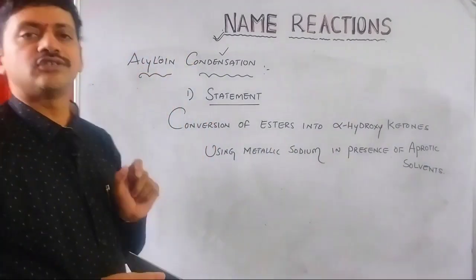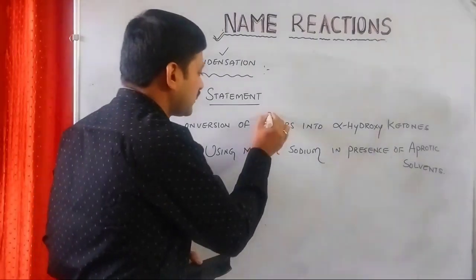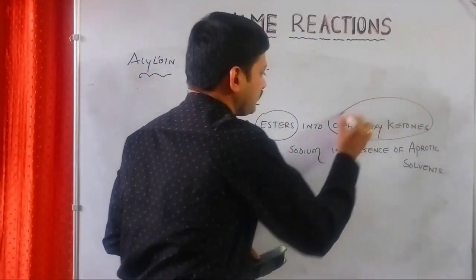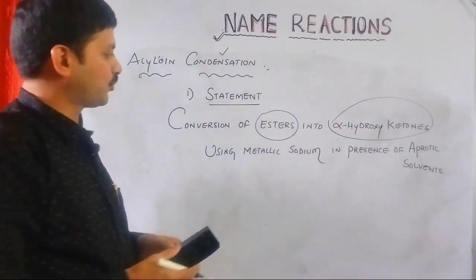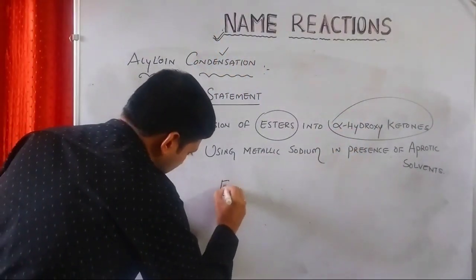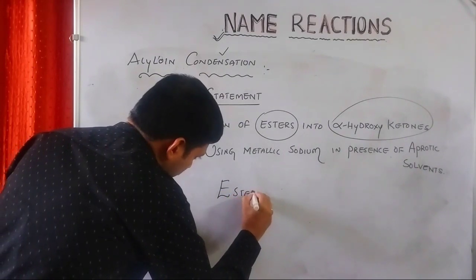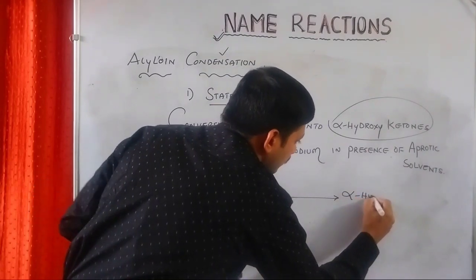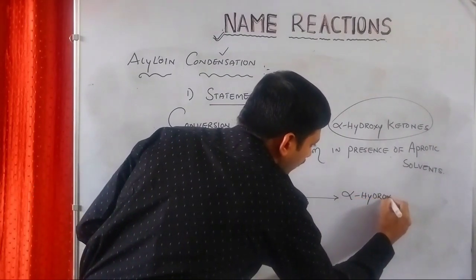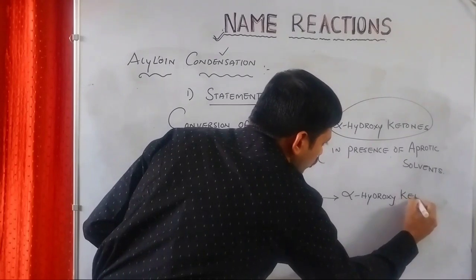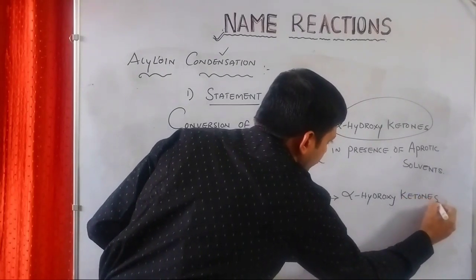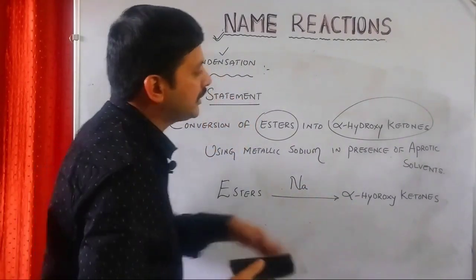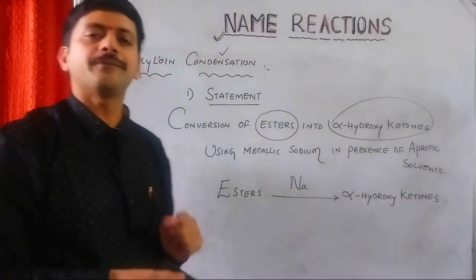In this particular condensation, the reactants are esters. The reactants are converted into alpha hydroxy ketones. So simply the representation is conversion of esters to alpha hydroxy ketones in presence of metallic sodium in aprotic solvent.